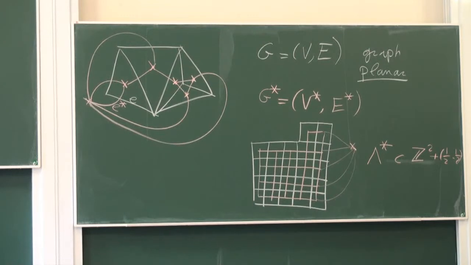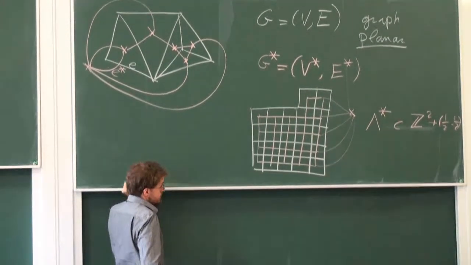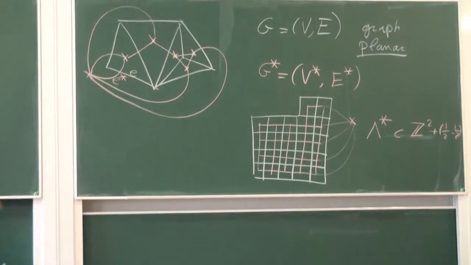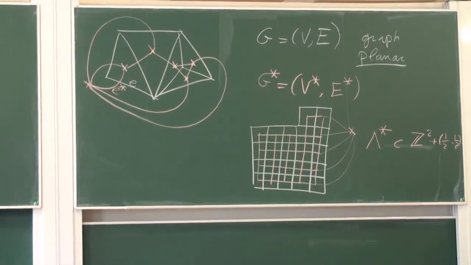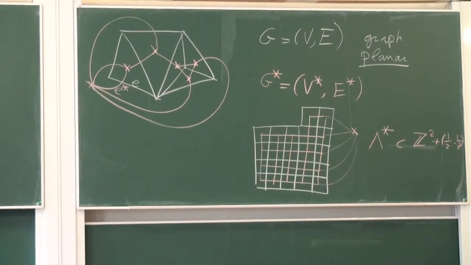So this gives you a notion of the dual graph. And now we need to do some probability on that. So what do you want to do? The whole idea will be that we want to look at the connected components of a configuration omega. So we want a way to tell when all these components are finite or when there is an infinite one. So we want to have a way to describe the shape and the size of the components of omega.